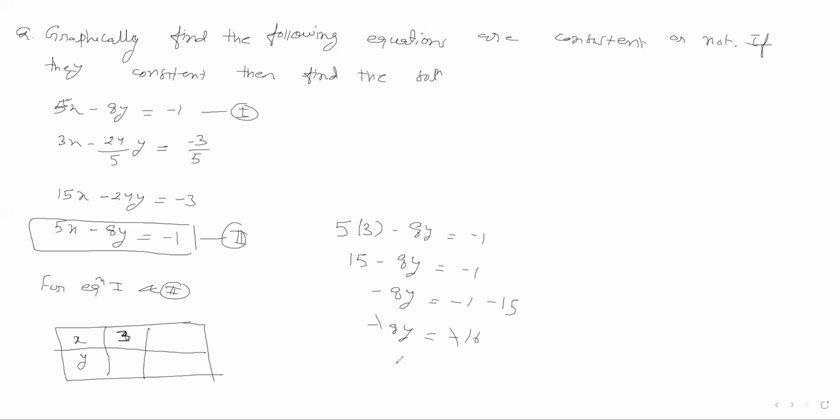Minus and minus cancel, and y equals 2. Similarly, when I put x equals -5, I get y equals -3.